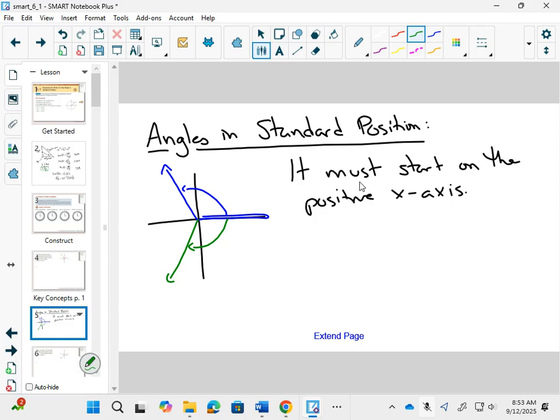We decide that if we are going counterclockwise, that's positive 100 degrees. Clockwise would be negative 100 degrees. So an angle in standard position starts on the positive x-axis, and positive angles go counterclockwise, negative angles go clockwise.